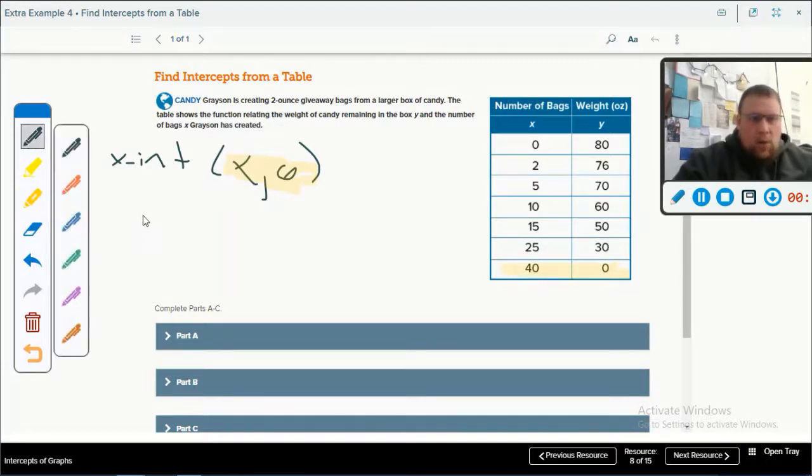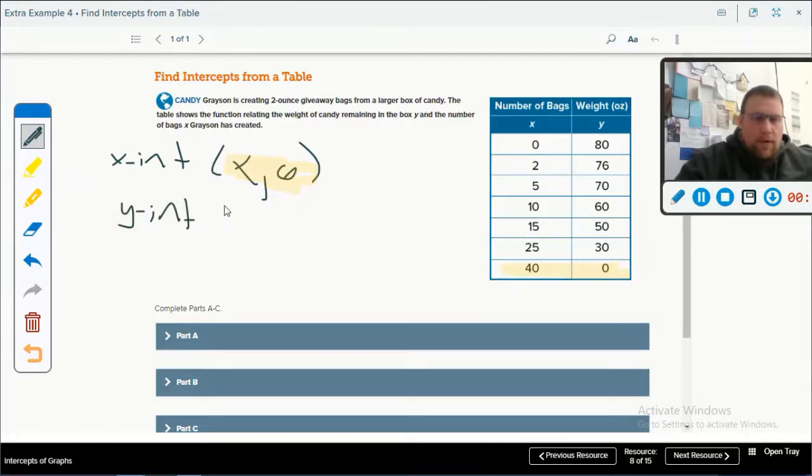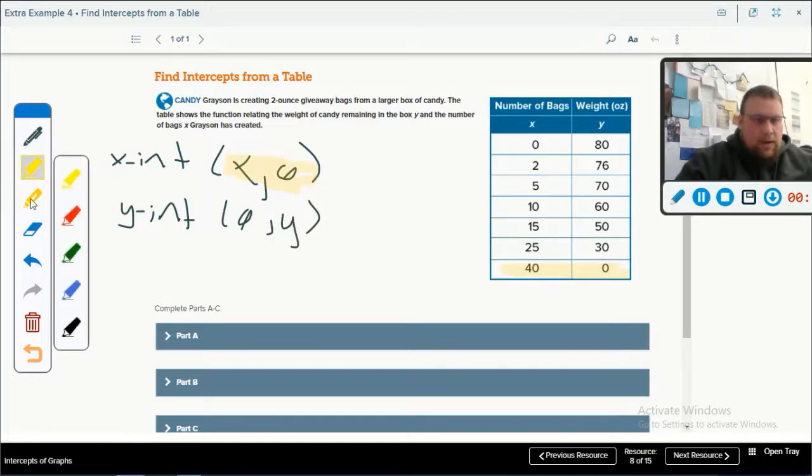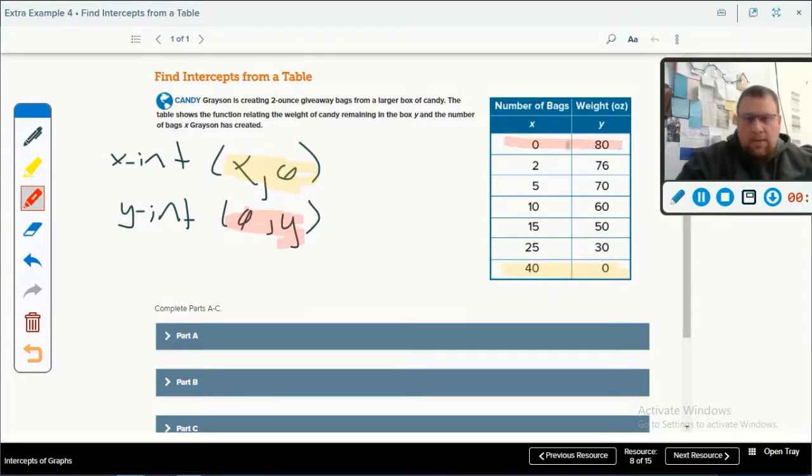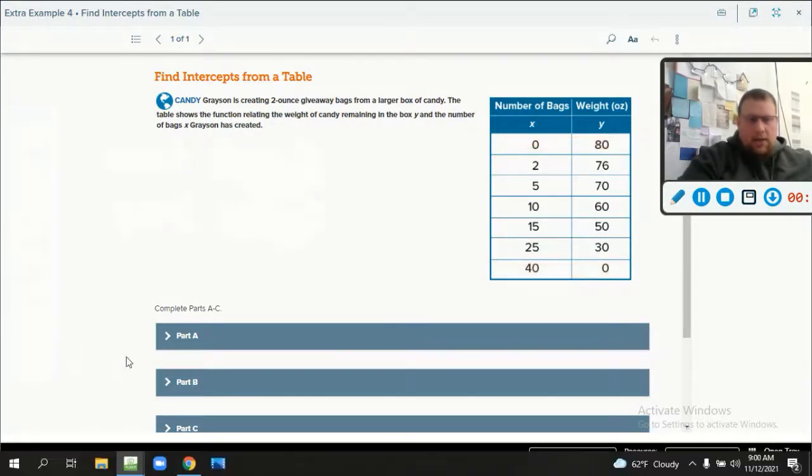If I'm talking y-intercept, it's where x is 0 and y is whatever value comes with it. So remember, I'm looking for where x is 0, which is up at the top. That's convenient, okay? Make sure you have this information marked down. I'm going to erase it so I can actually do some stuff down here.